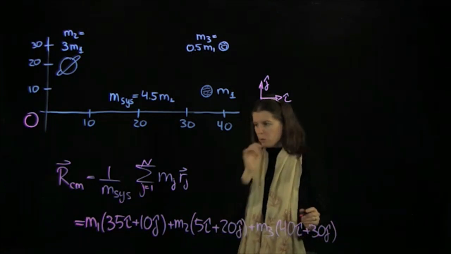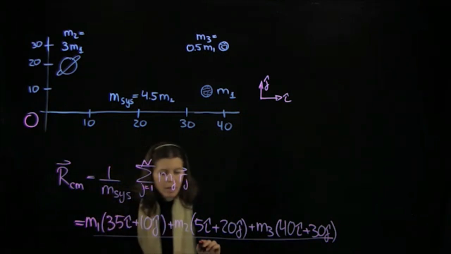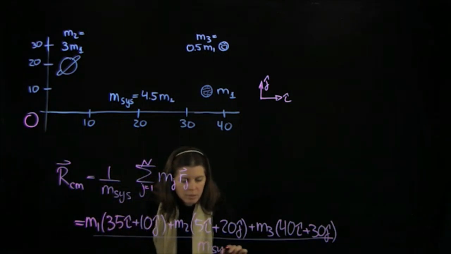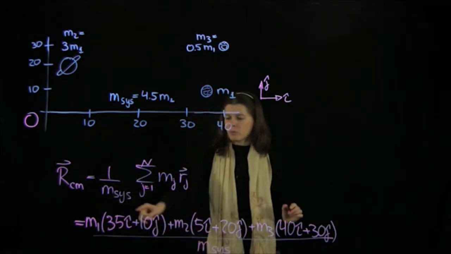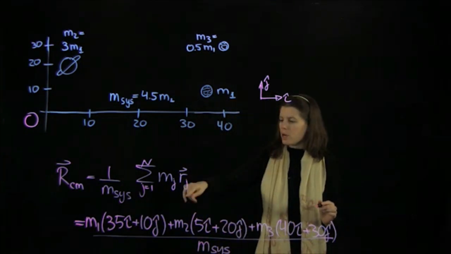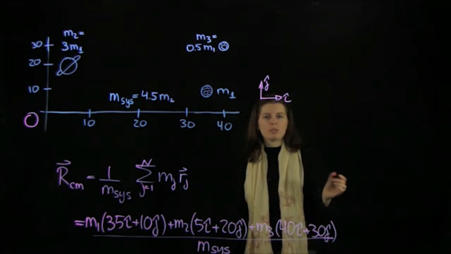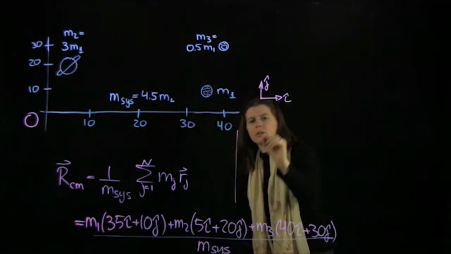And of course that has to be divided by my system mass. And what we can do is concentrate first on the x component and then on the y component.